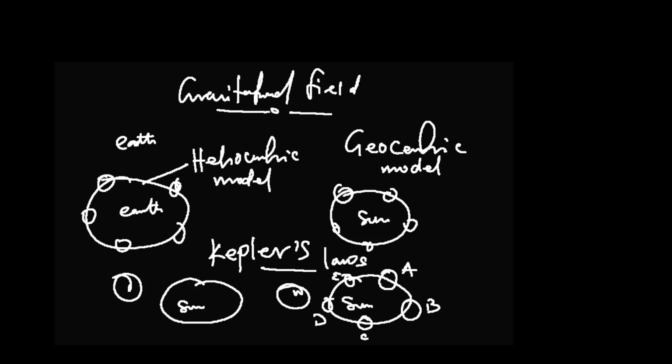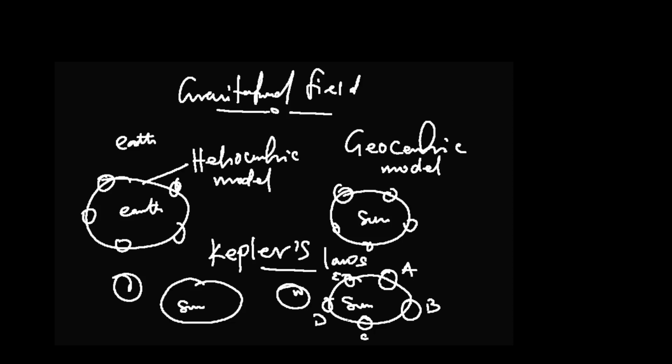Whenever C gets closer to the sun, it moves faster. Likewise, A and B would also at a point get closer to the sun, and then they will also move faster at the same rate. So that law is explaining what happens when a planet is closer to the sun and when it is far from the sun.